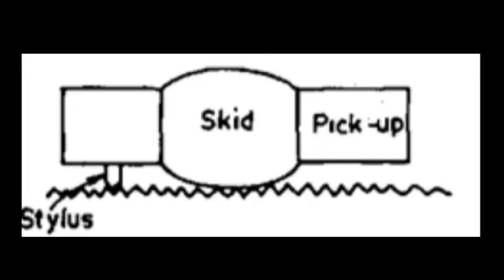The stylus, which is a fine point made of diamond or any such hard material, is drawn over the surface to be tested. The movements of the stylus are used to modulate a high frequency carrier current or to generate a voltage signal. The output is then amplified by suitable means and used to operate a recording or indicating instrument.